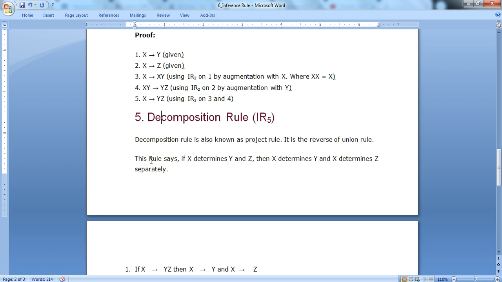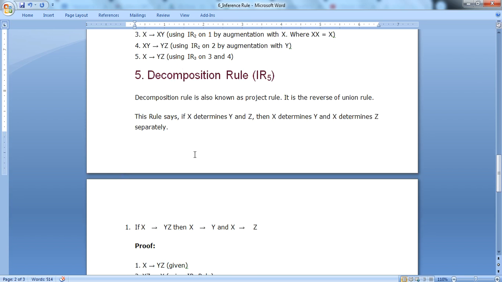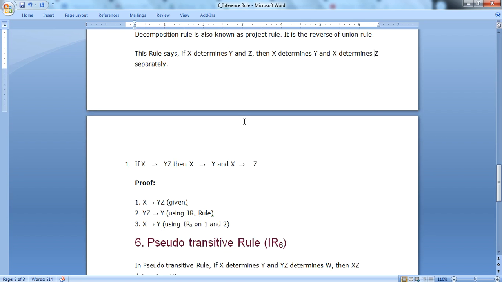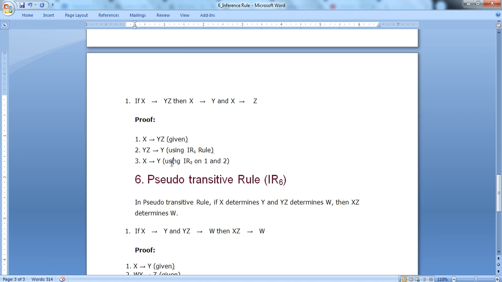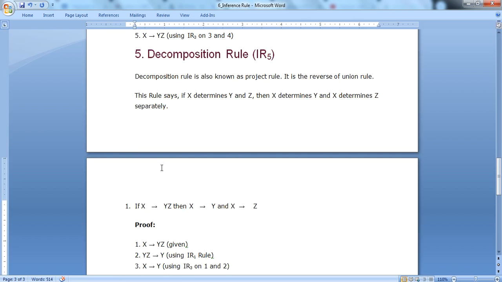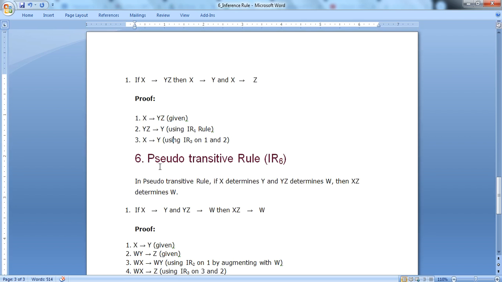Then the decomposition rule. The decomposition rule is also known as the project rule, the reverse of the union rule. This rule says if X determines YZ, then X determines Y and X determines Z separately. That is simply the decomposition rule. Now the last rule is the pseudo-transitive rule.